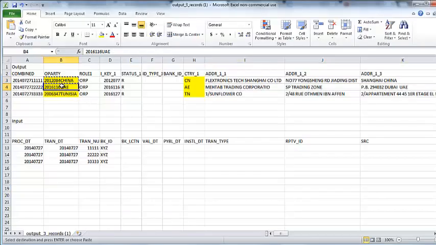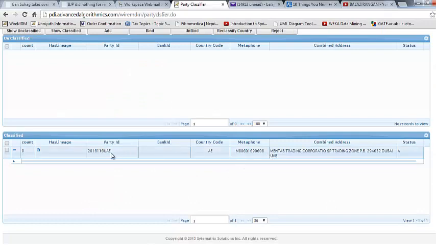Similarly, this party ID is Meta Trading Company, which has only one instance so far in the data set that we have loaded so far.